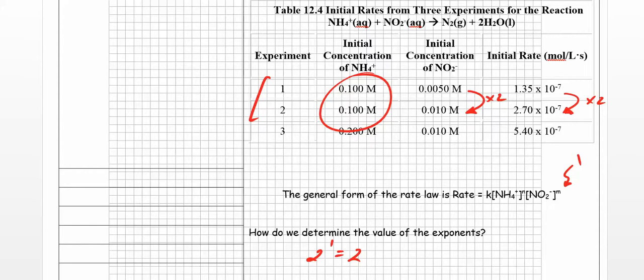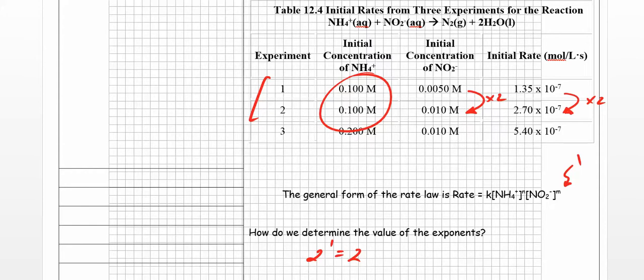We've got three experiments actually, but we're going to focus on the first two because in these first two, the concentration of NH4 plus remains constant. So we hold that constant so that it doesn't play into the rate. On the other hand, the initial concentration of the NO2 from experiment 1 to 2 doubles. That causes a doubling of the initial rate.